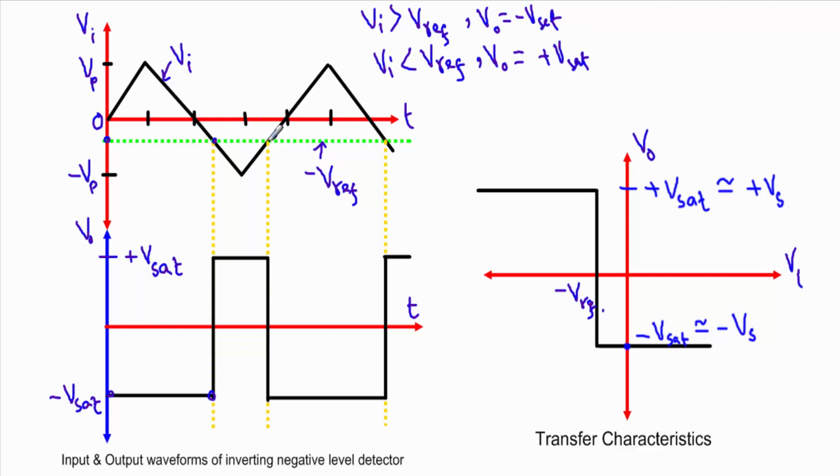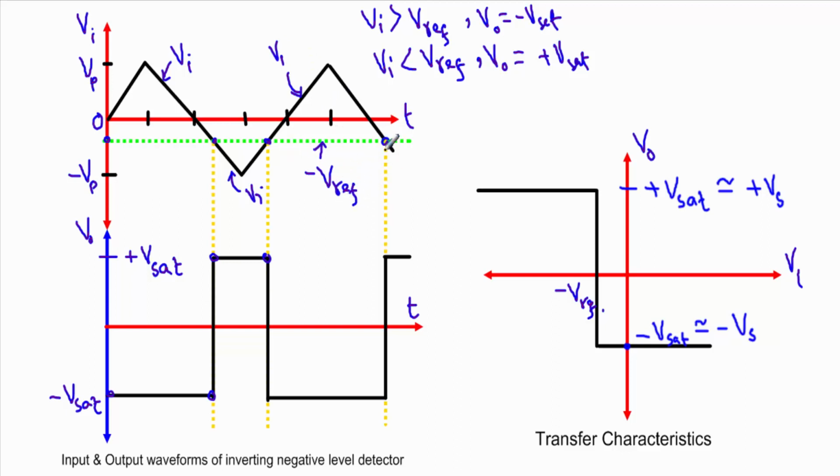From this point to this point, this input voltage VI is clearly more negative. That means this input voltage is smaller than this reference voltage. Therefore, within this interval, our output voltage will be plus Vsat. From this point to this point, input voltage is again clearly greater than this reference voltage.